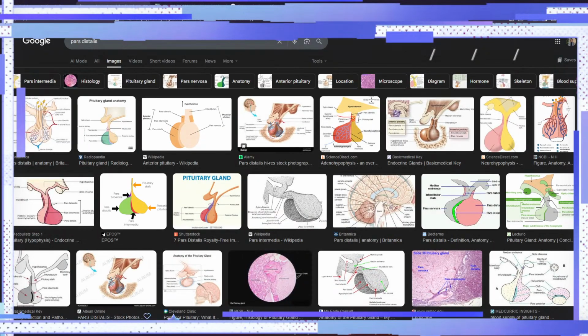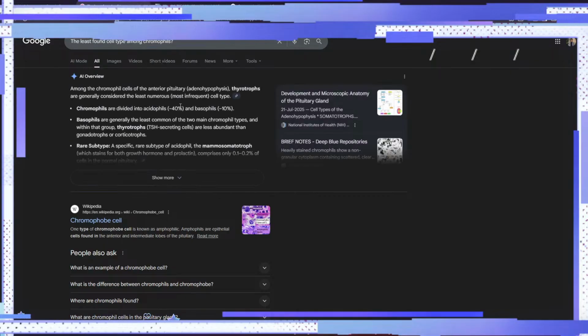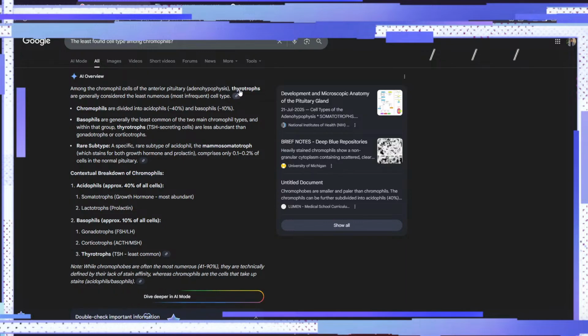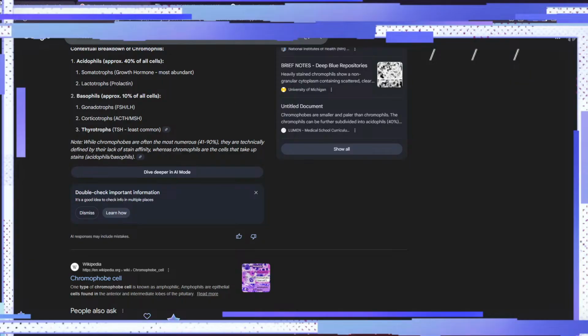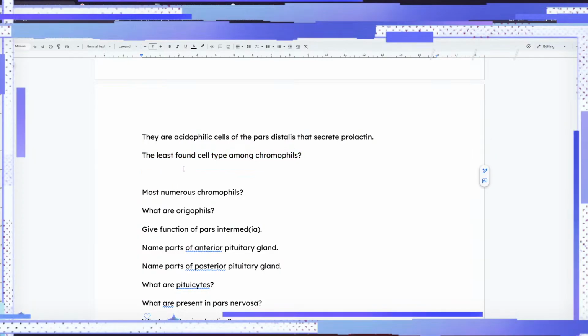Let's look it up. What does this say? Thyrotropes. Interesting. Fair enough. It is the thyrotrope. No explanation needed, just around 5%.